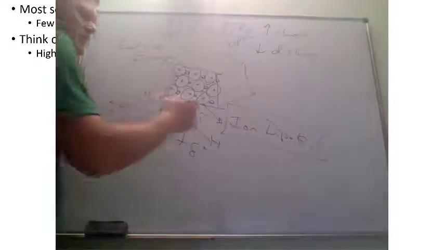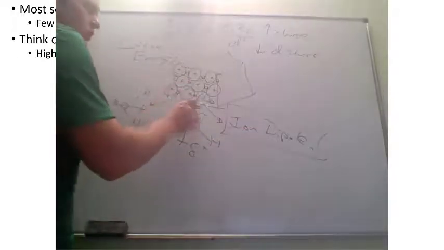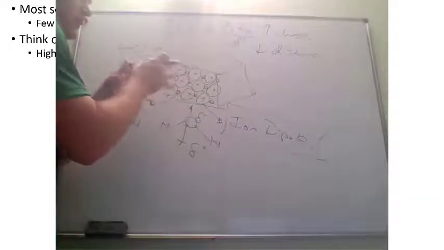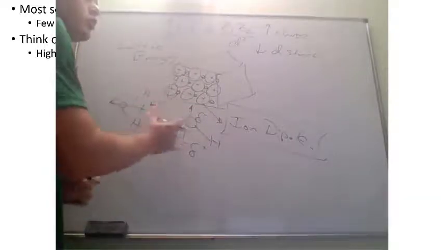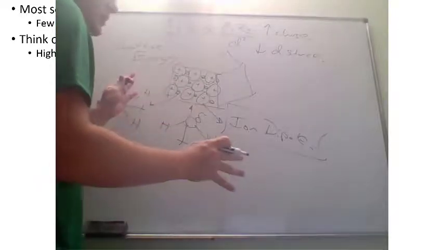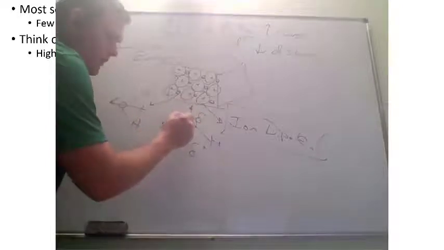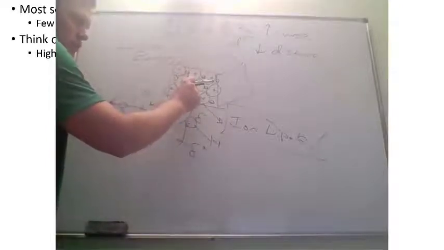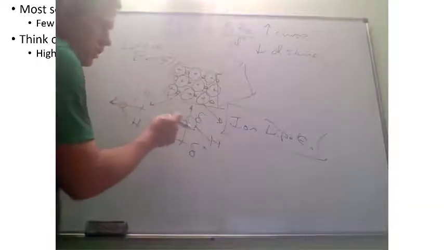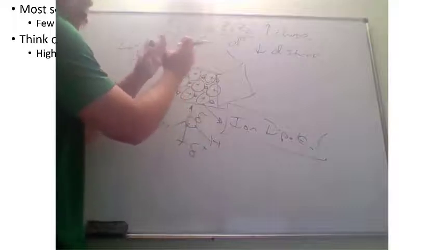So the strength of these intermolecular forces, of the ion dipole interaction between our solvent and the ions in the crystal lattice, has to be stronger than the lattice energy that holds the salt together in order for it to dissolve.